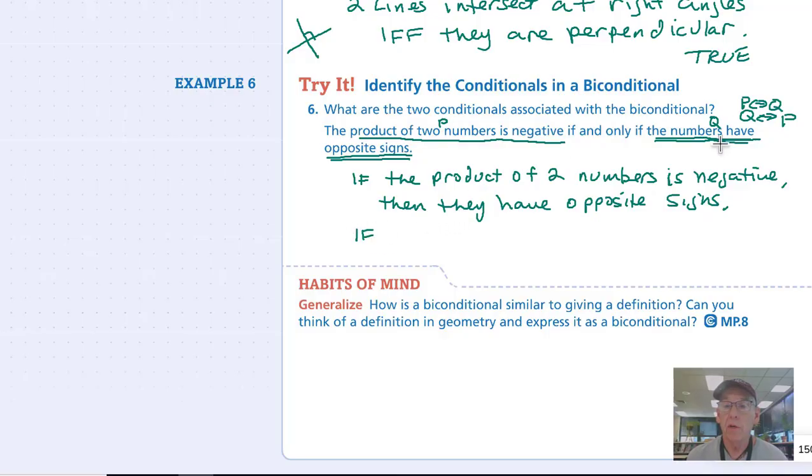So if the two numbers have opposite signs, then their product is negative.